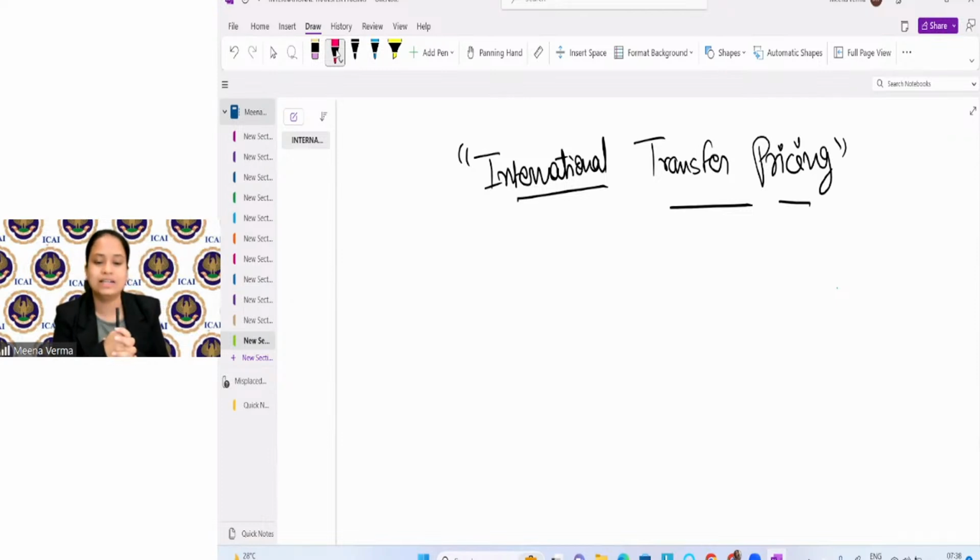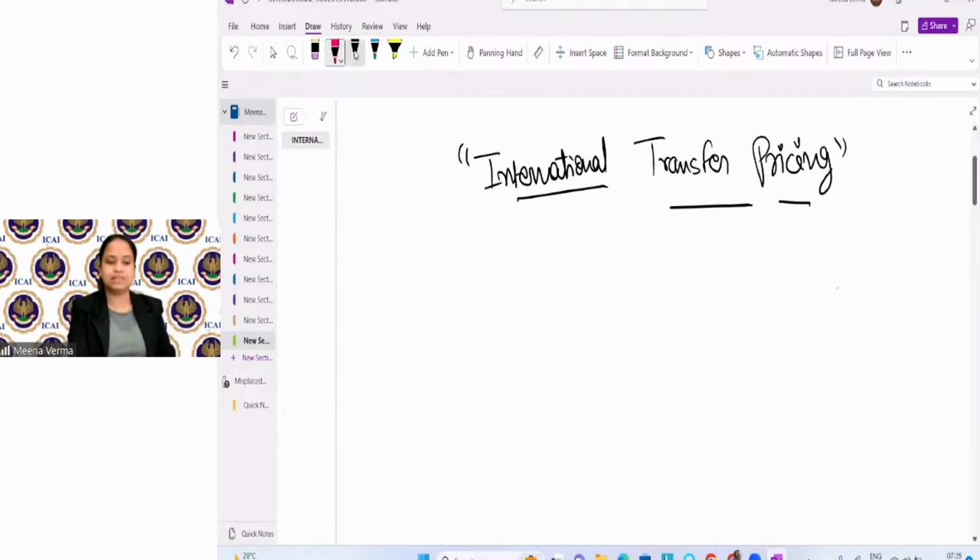Transportation is easy, communication is easy, transferring money is easy, transferring goods is easy, everything is easy now. No matter if someone is sitting in Delhi, whether to the US, UK, Almaty or Dubai, it's so easy to transfer the goods. So this encourages international transactions.